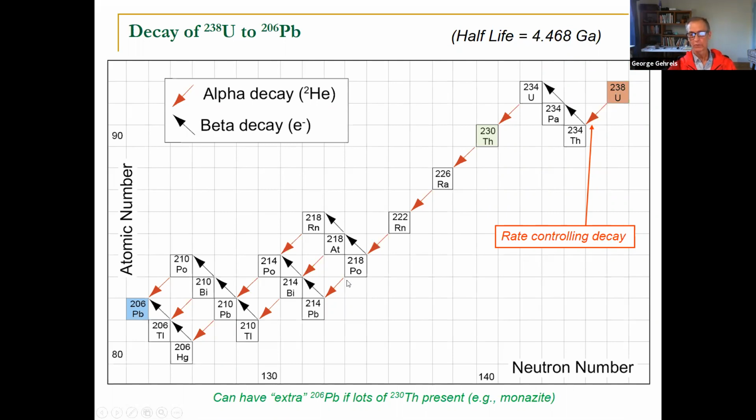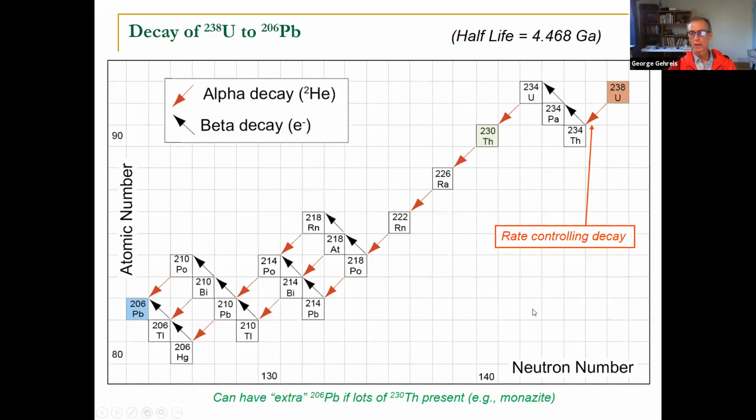All of the other half-lives are shorter. So it's a pretty simple system. Every atom of 238 that decays ends up as lead-206. There is a little bit of a complexity that thorium-230 is in the decay system. And as you know, there's an isotope of thorium-230 that's naturally occurring also.